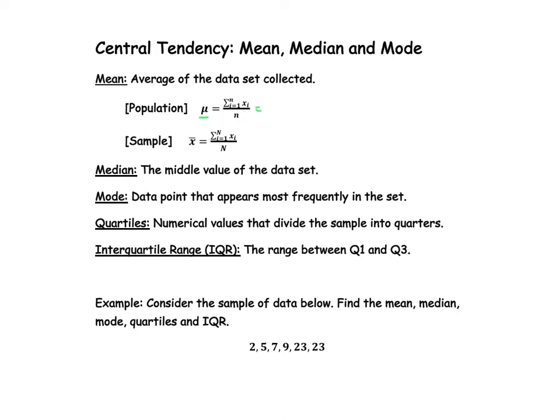So if you look at the summation above, and I start from i equals 1 and go up to n, I would take the first data point, add the second, add the third, and go all the way out to the nth data point. Right? If there's n points or n pieces of data, we would take those n items, add them up, and divide by n. That would give us our population mean or average. All right, within a sample, no difference.